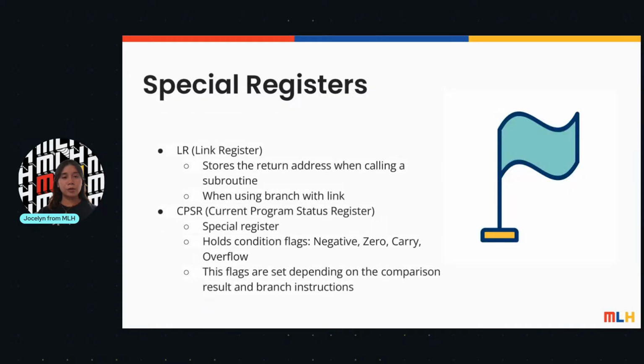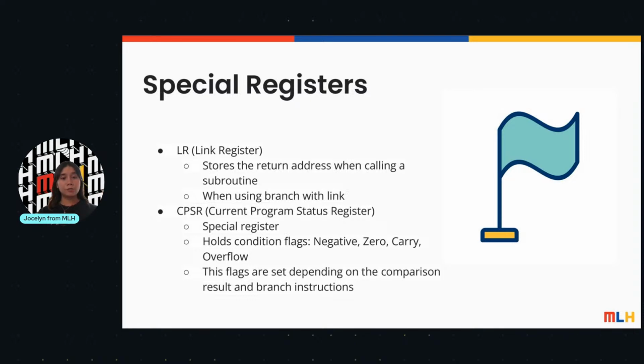And the last two are called link register. So the link register basically stores the return address when calling a subroutine. If you're familiar with traditional programming languages like Python, there are times when you call a function, right? So if you are executing a block of if else, and your condition is true, then you might execute that function.